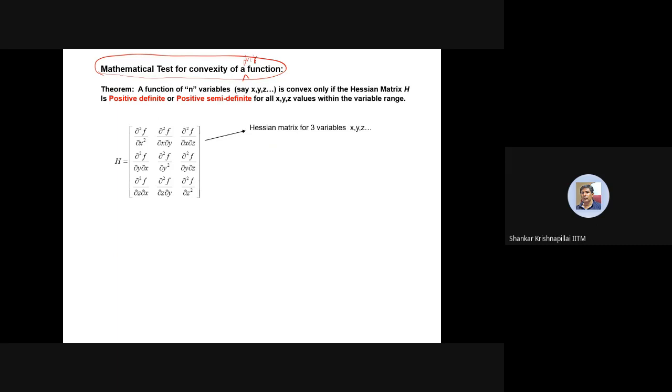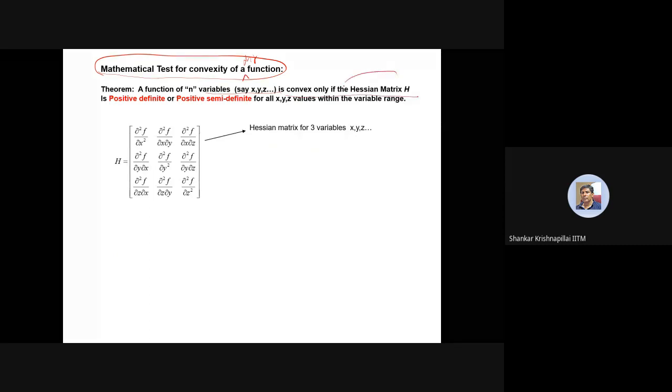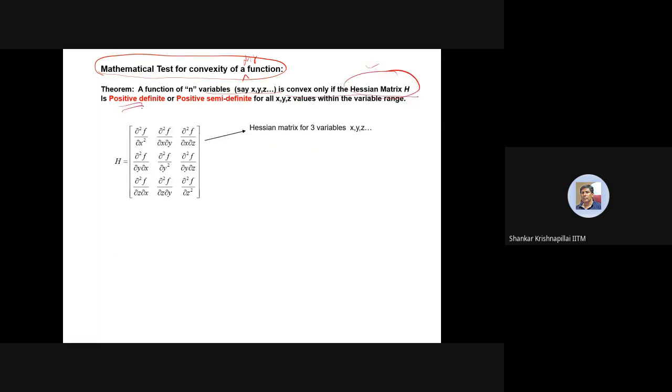Okay, so a function of n variables, that's x, y, z, is convex only if the second derivative matrix, or Hessian matrix, is positive definite or positive semi-definite for all x, y values within that range. So this is the second derivative matrix.